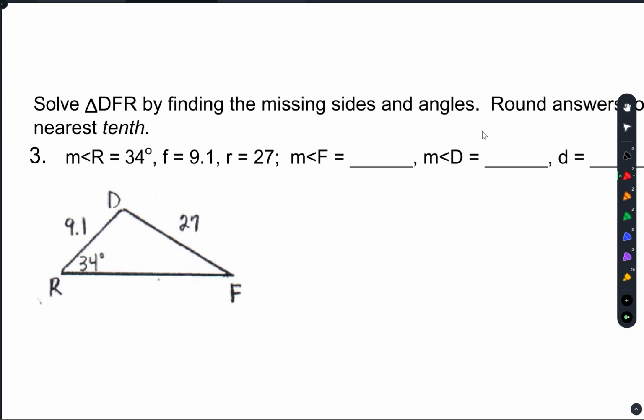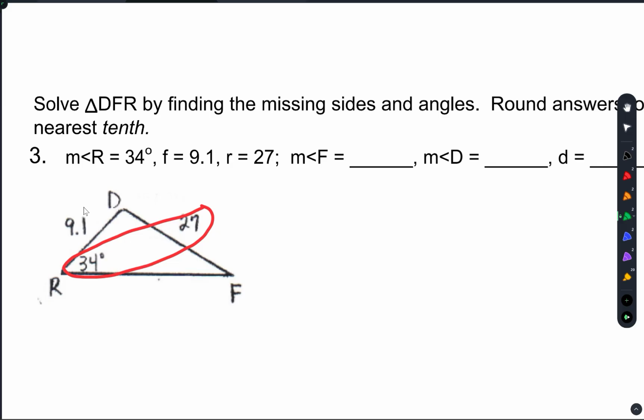We're essentially doing the same thing here, but now instead of just finding one part, we need to find all of the missing pieces, which isn't going to be too bad. In number 3, we've got to figure out what we have first. So I see a pair of things already. 34 and 27 go together. I want to make another pair of angle and side.